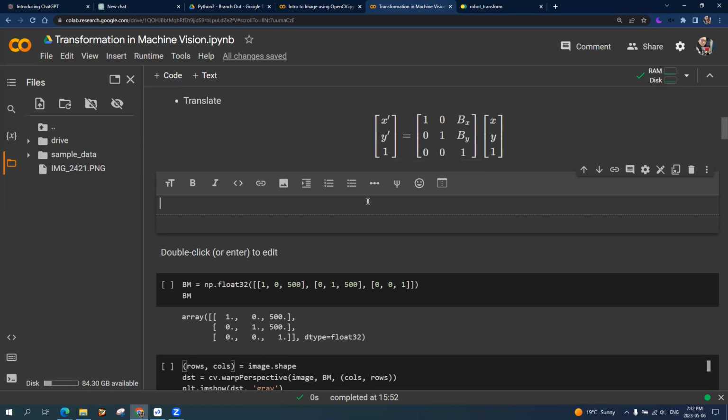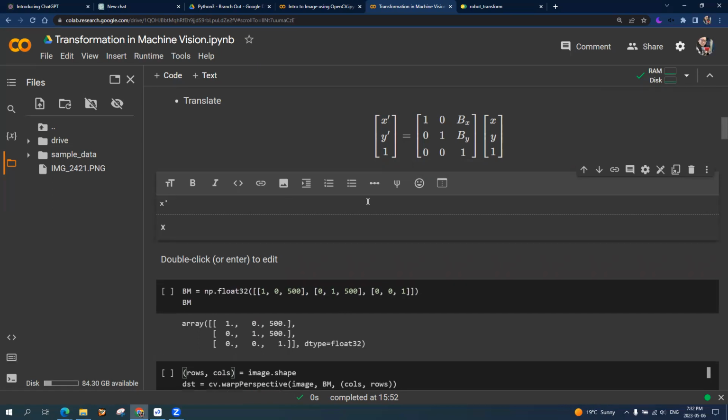What it really represents is that x prime equals to, so what we are doing here is taking the first row and this guy over here and multiplying them one by one.